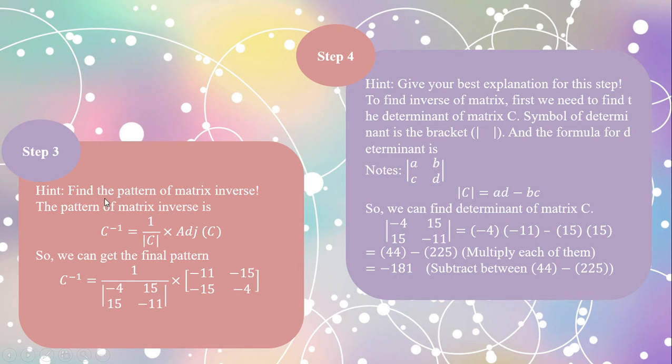Step 3. Find the pattern of matrix inverse. The pattern of matrix inverse is: inverse matrix C is equal to 1 over determinant of matrix C multiplying by adjugate or adjoint matrix C. So we can get the final pattern: inverse matrix C is equal to 1 over the determinant of -4, 15, 15, and -11 multiplying by adjoint matrix C, -11, -15, -15, and -4.